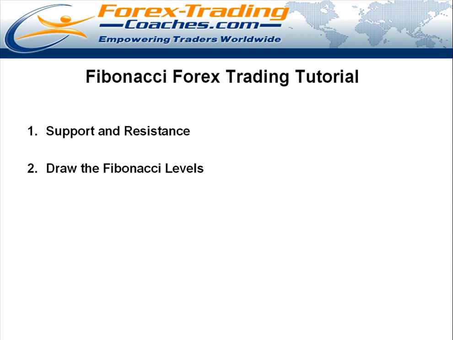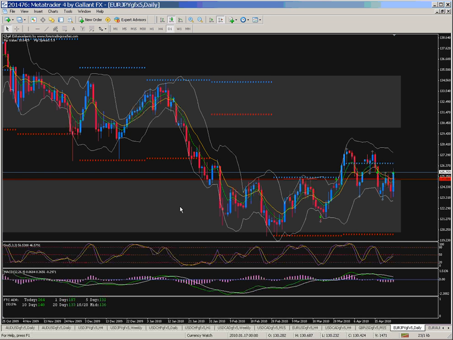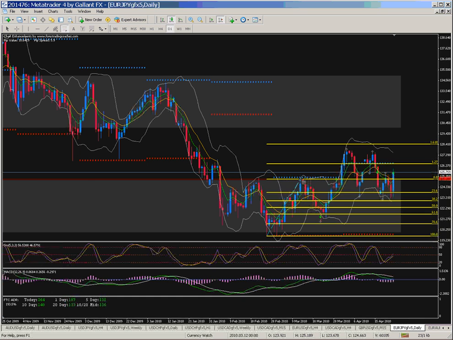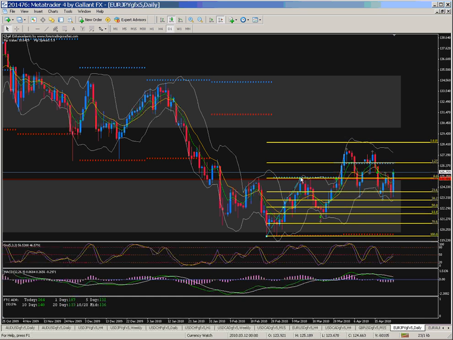Okay, now let's move on to how to draw the Fibonacci levels, and that's step number 2. So when drawing the levels, you want to grab your Fibonacci drawing tool, whatever charting package or software you're using, and if you're going to do a Fibbo looking for a buy trade, you draw from the lowest low that you can see of the range that you're drawing the Fibonacci for, up to the high that you can see that you're drawing the range to, the significant high where a nice big move came down.